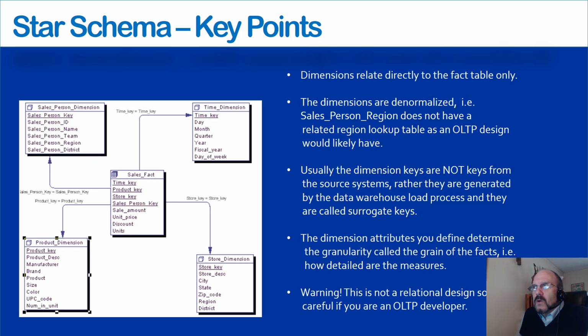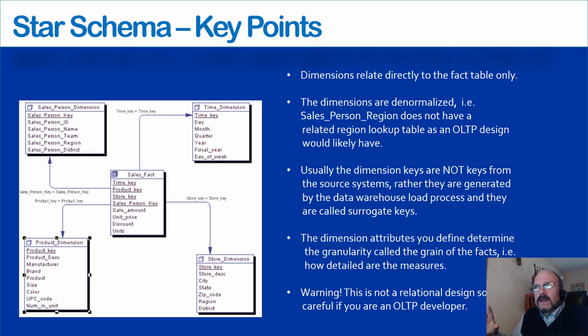The dimensions are denormalized. So the idea is if you have a region table in an OLTP, you typically say, well, I'll have a salesperson table, and then I'll have a region table. I might even have a county table. I could have any number of tables, a product table, and then a product type table, and a product category table. That's an OLTP thing where you kind of splinter off things so that everything is discrete.